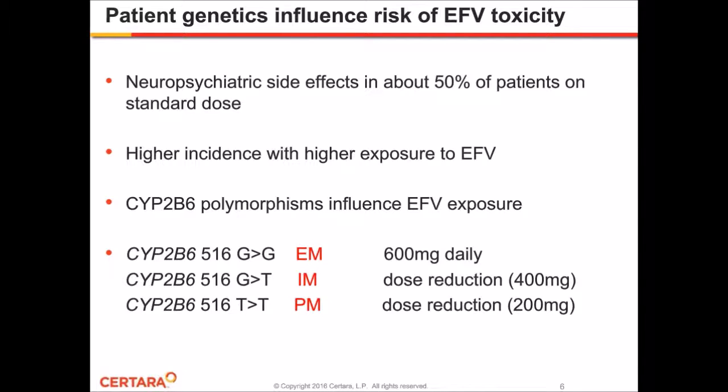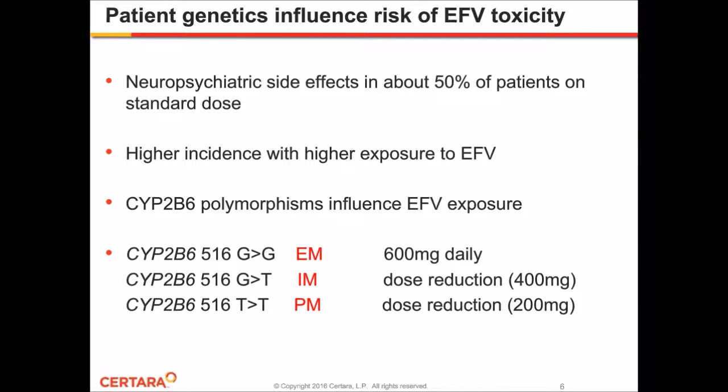Based on these studies, the extensive metabolizers of CYP2B6 may require a dose of about 600 milligrams daily, whereas the intermediate metabolizers and the poor metabolizers require a dosage reduction in order to get a similar exposure as the extensive metabolizers with 600 milligrams daily.